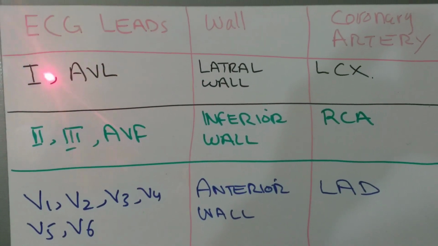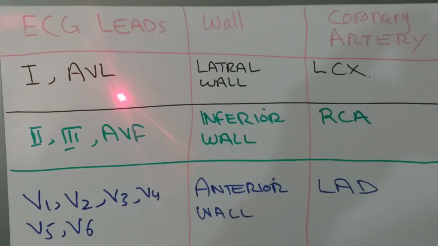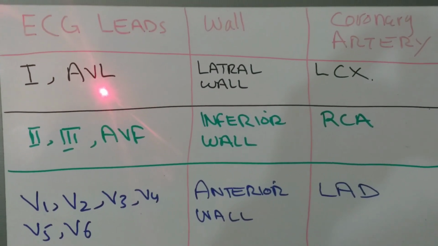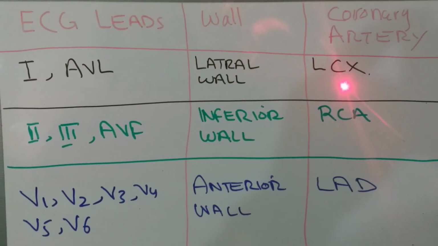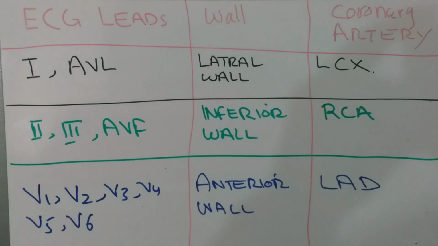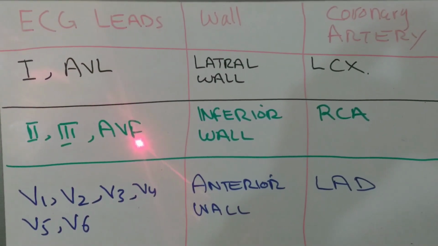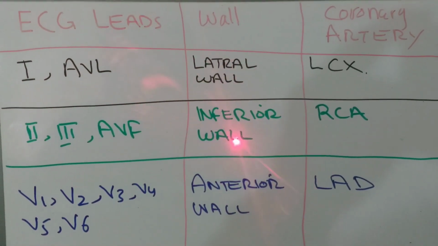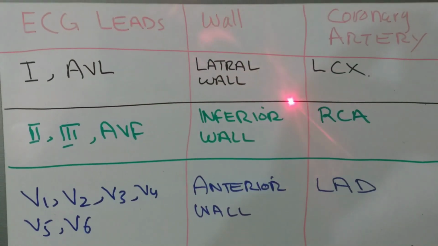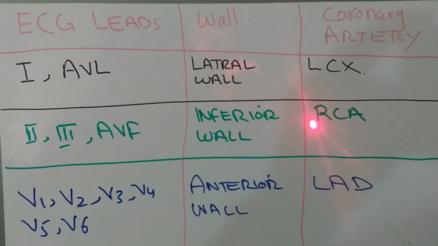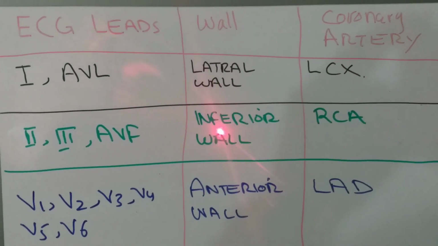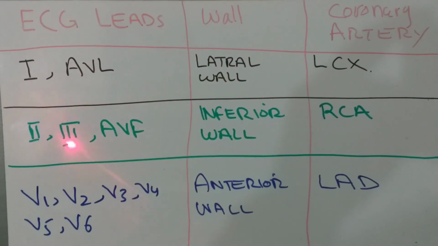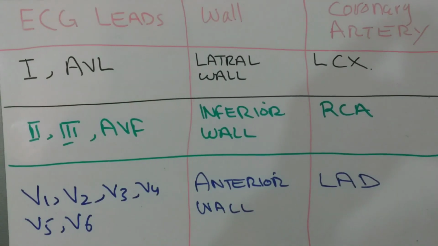So if there are T wave inversions or ST depression, it represents lateral wall ischemia, and probably the problem or thrombus is in the left circumflex artery. Leads 2, 3 and AVF represent the inferior wall, and the inferior wall is supplied by the right coronary artery. So a problem in the right coronary artery affects the inferior wall, and that is shown on the ECG in leads 2, 3 and AVF.